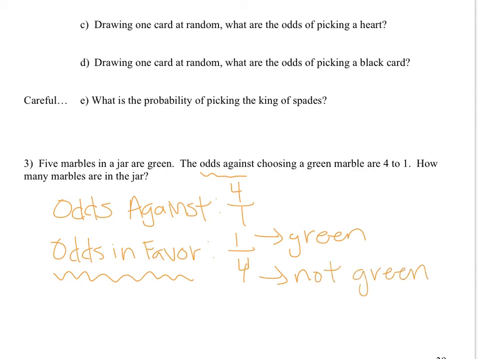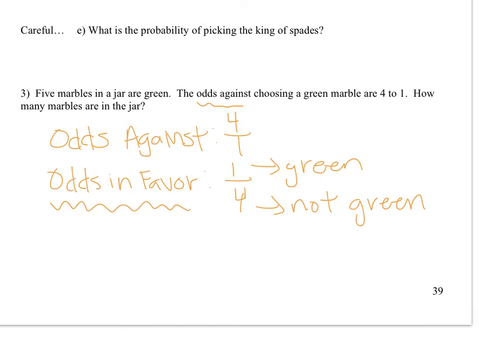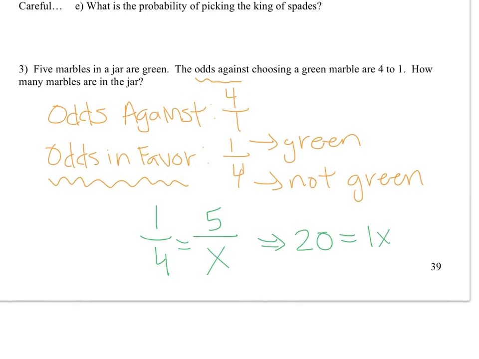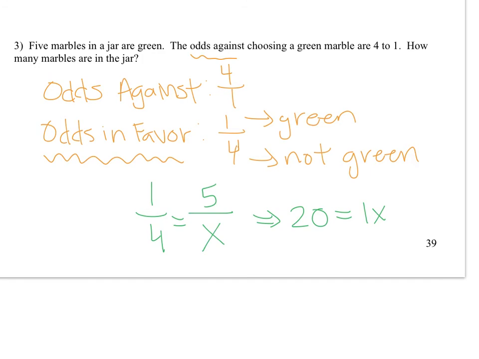So we can set up a ratio. 1 to 4 is going to equal the 5 green marbles out of the number of not green marbles in the jar. And then we just do cross multiplication. 5 times 4 is 20, and 1 times x is 1x. So you would divide both sides by 1, and you would get x equals 20. So if our ratio is 5 to 20, that means that there are 25 marbles total.